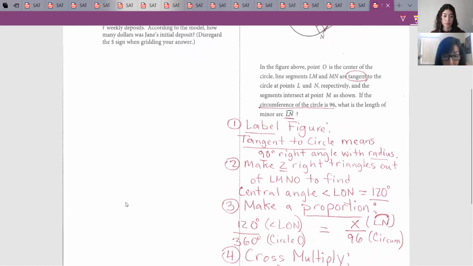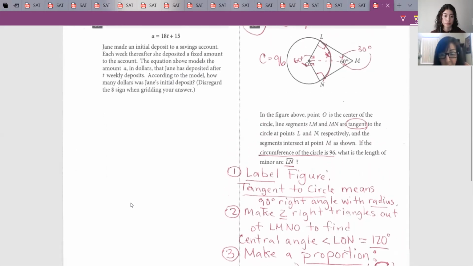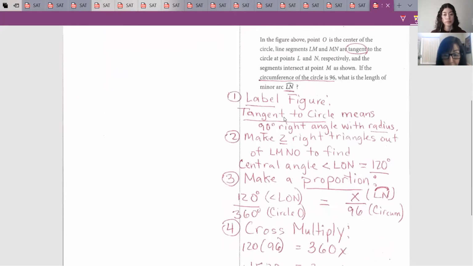Okay, let's take a look at that again before we move on. So we had 120 for LON over 360, the whole circle, equals X, here to here, the portion of the circumference, that's L to N, out of 96, the whole circumference.